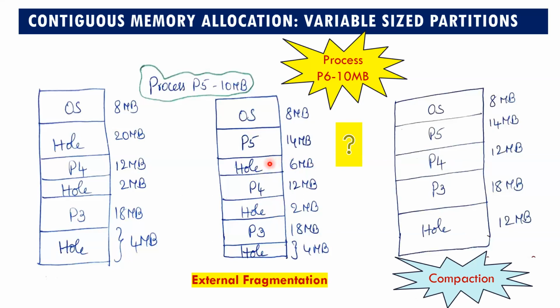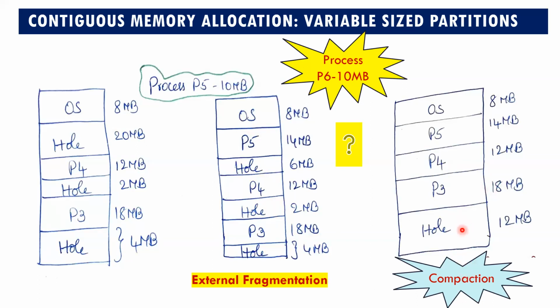Now all these memory locations which are available as holes are collected together to form a relatively larger block of memory. So this technique is called compaction.